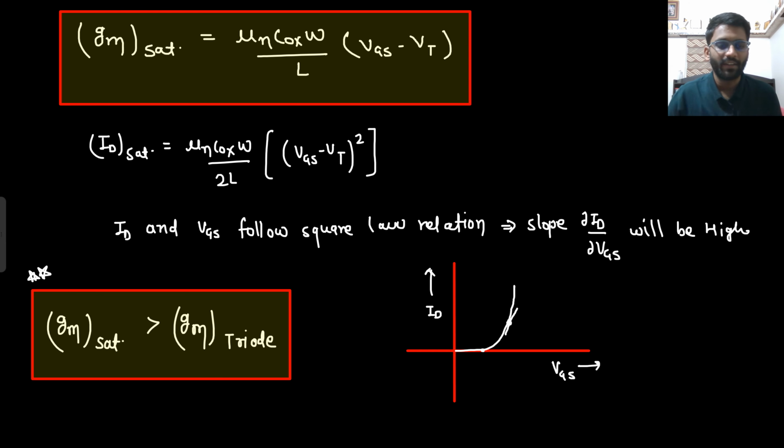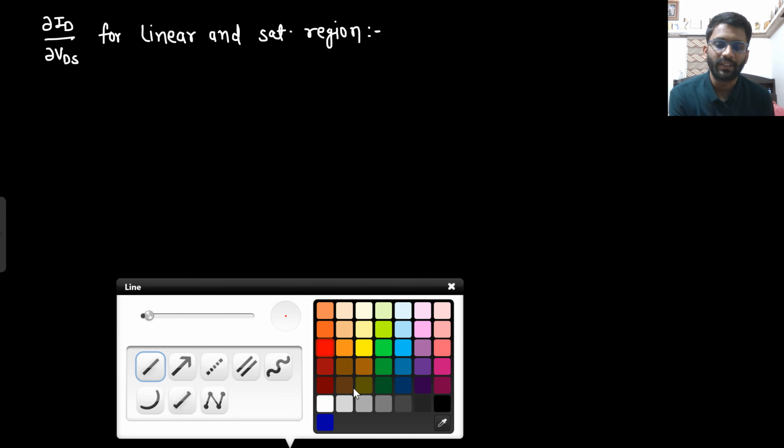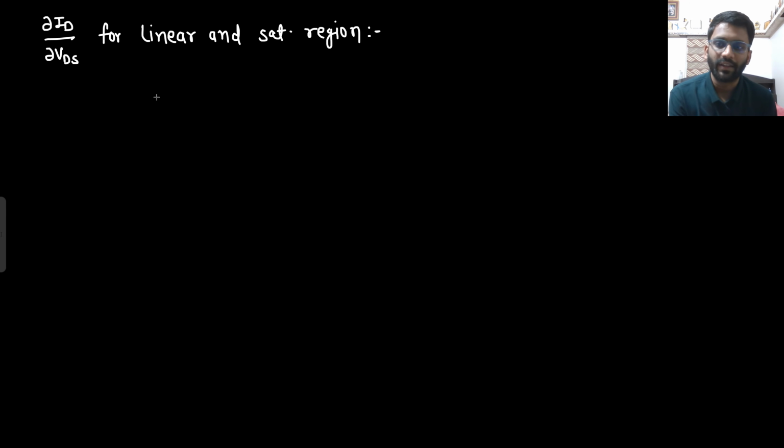Now let's check the final parameter, that is del ID by del VDS, for linear and saturation region. Linear and triode are one thing only, right? I have told this again and again. Linear and triode both are the same.